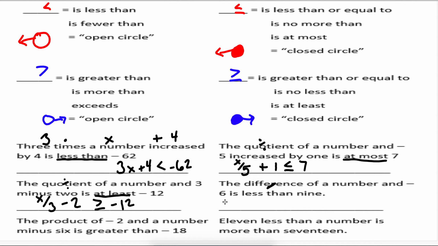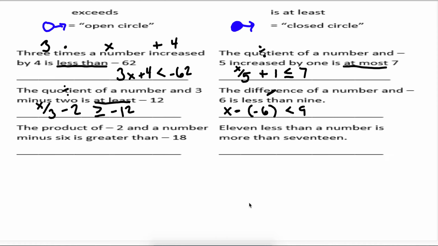The difference of a number and negative 6. So difference we said is subtraction and negative 6. So we got to put that in parentheses, is less than 9. Make sure you have the difference with the subtraction and a negative 6.